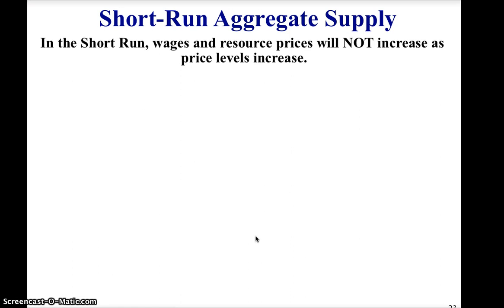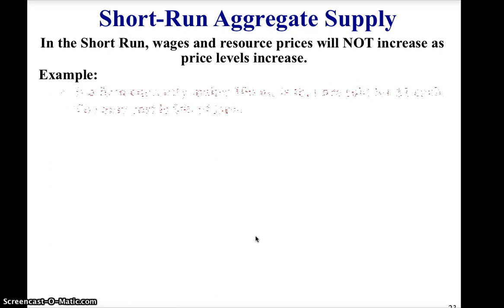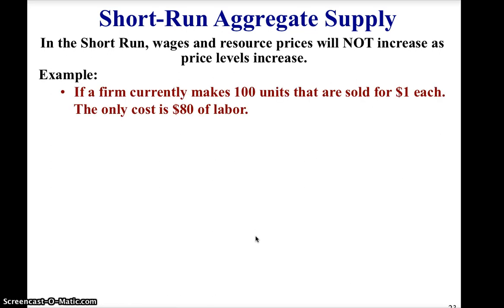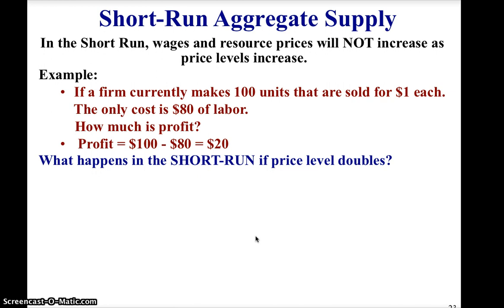So we already established that in the short run, wages and resource prices will not increase as inflation occurs. And here's an example. Another way to think about it. If a firm currently makes 100 units that are sold for $1 each, and the only cost is $80 of labor, then they're making $20 of profit. Well, what happens in the short run if the price of their widgets doubles?